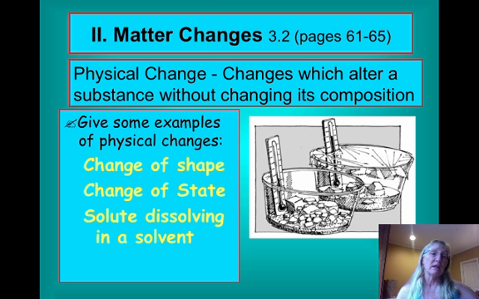And left behind in the container would be the solid solute of salt. So a physical change is a change which can cause the shape or the state to change, but it doesn't change the composition. The liquid water in that bowl on the right is still H2O. It's just not locked into a crystalline structure like the solid water or ice was.